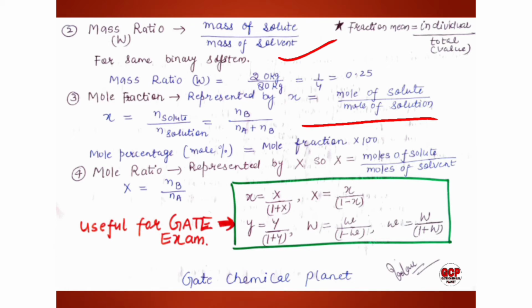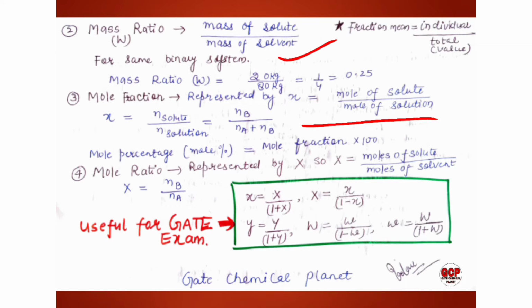If the moles of solute is represented by n solute and the moles of solution by n solution, we can write x equals n solute divided by n solution. We are representing solute by B and solvent by A, so the moles of solution will be Na plus Nb.